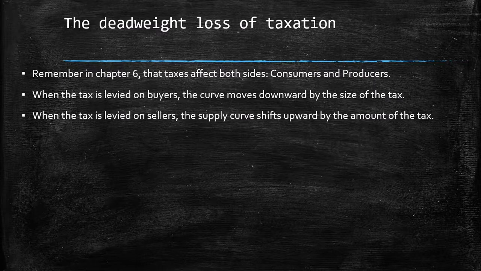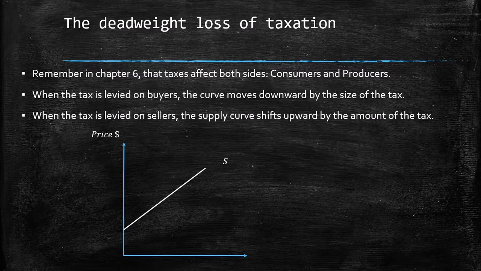On the other side, when the tax is levied on sellers, the supply curve shifts upward by the amount of the tax. So the supply curve is contracted to the left, or upward, which can be considered as well. Let's see how it works better.